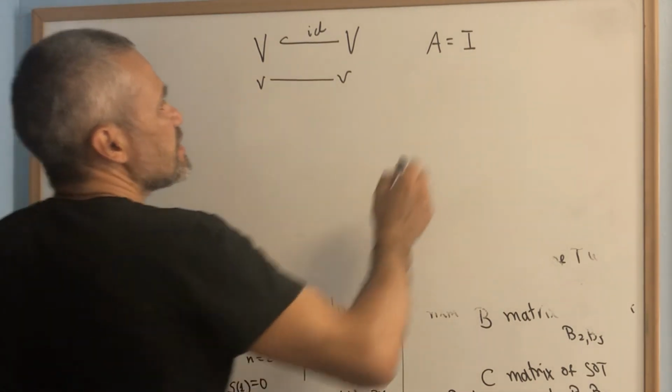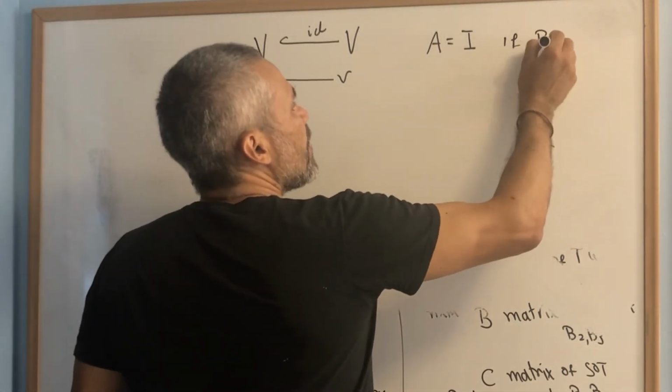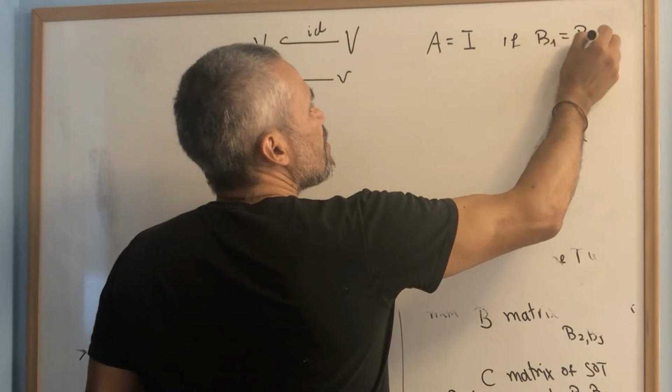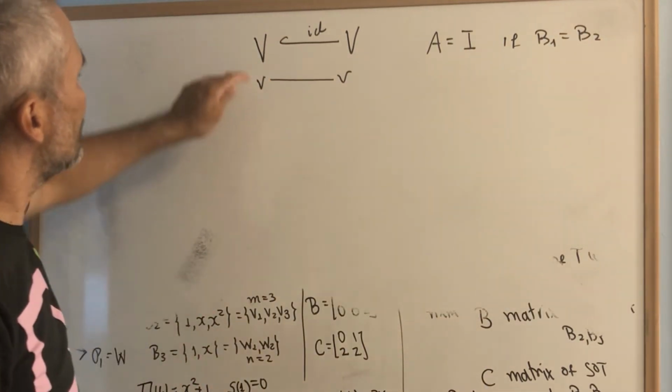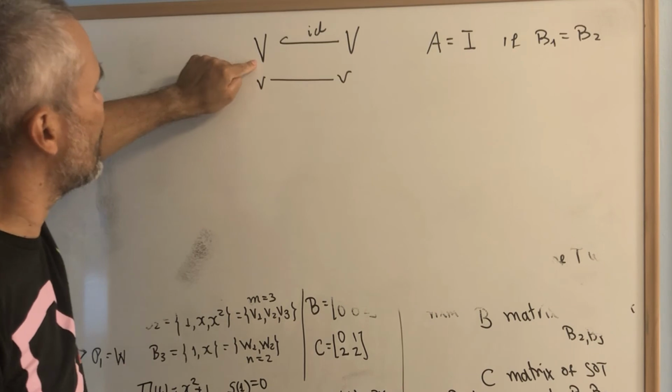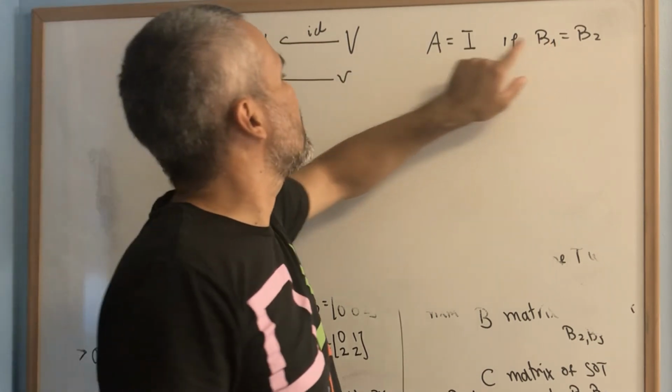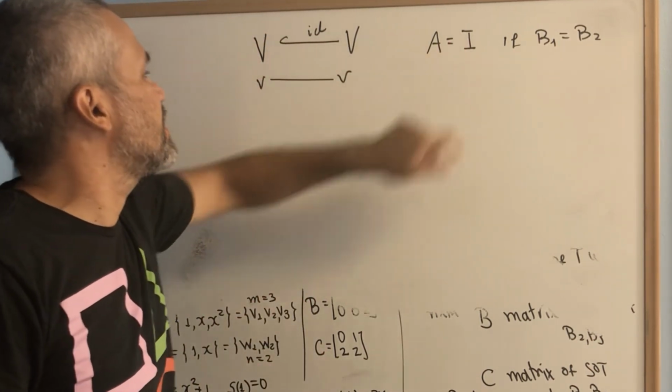Then this is if basis 1 equals basis 2. Notice that we don't need to pick the same basis for the domain and the codomain, but if we do, then the matrix that we get is the identity matrix.